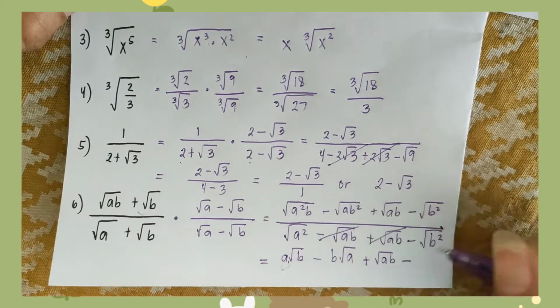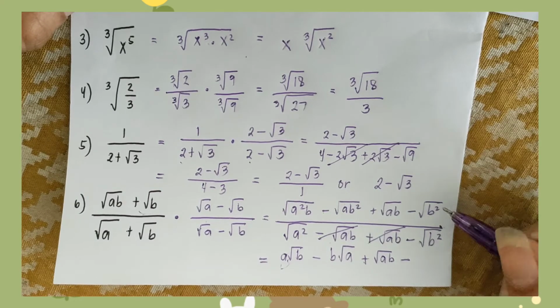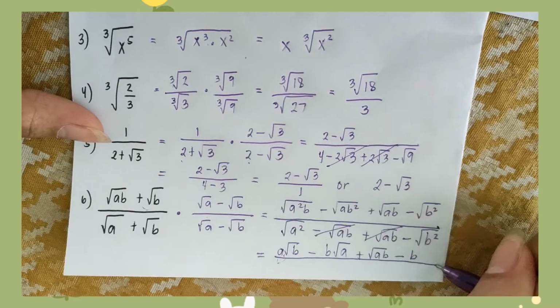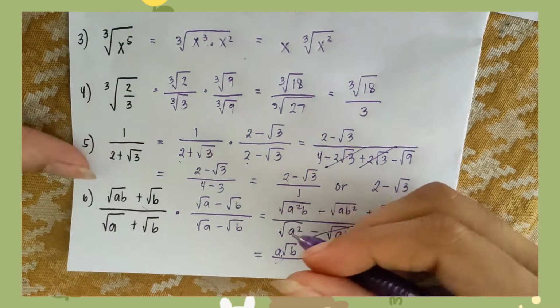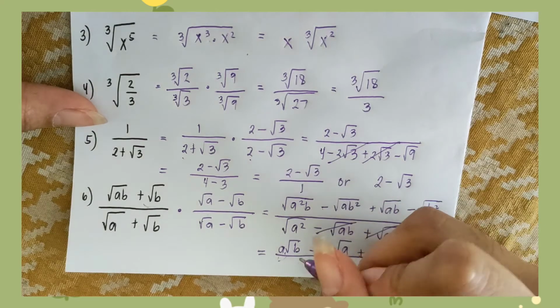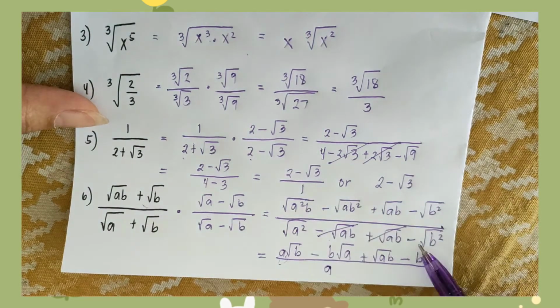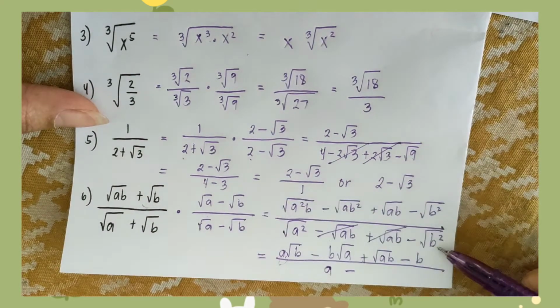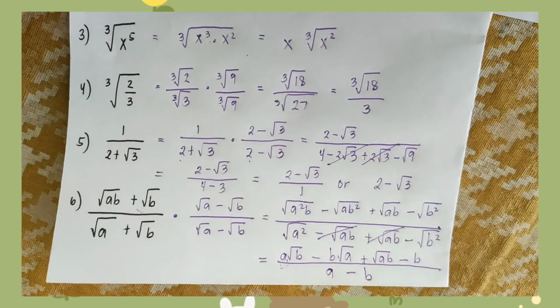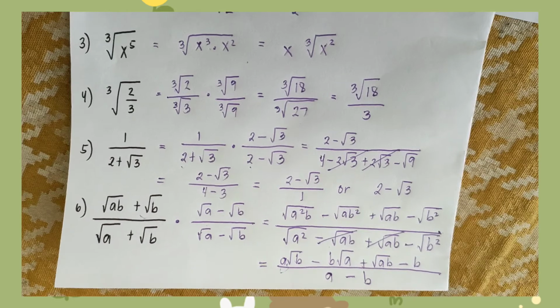And then minus B, square root of B squared is just B. All over, copy. Square root of A squared is just A. Then the sign minus square root of B squared is only B. This is your final answer for number 6.